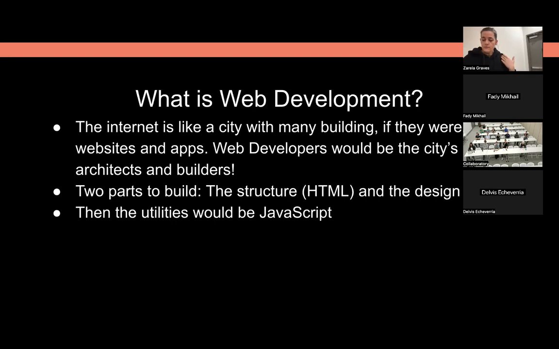CSS is the paint and decorations of a building, telling the browser how to display the contents within HTML. JavaScript is like the electricity that makes everything work within an application, adding features like buttons or games that you can interact with.